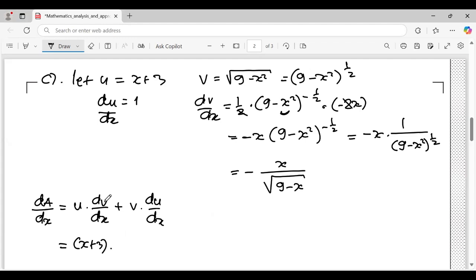The dv dx is minus x over square root 9 minus x squared, plus v, which is square root 9 minus x squared, times du dx, which is 1.